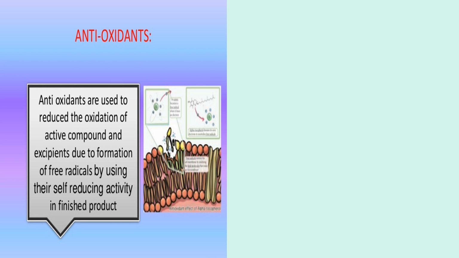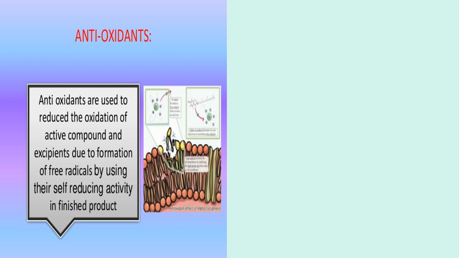So now let's go for antioxidants. So what are these antioxidants? Okay, these antioxidants are used to reduce the oxidation of active compounds. If there are any free radicals which will oxidize your compound, they will prevent the formation of free radicals.